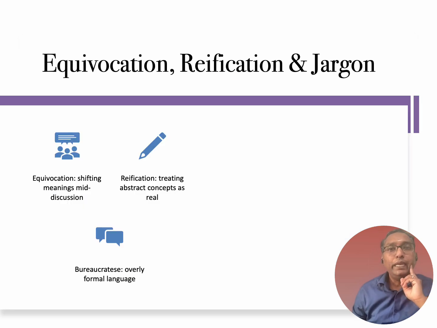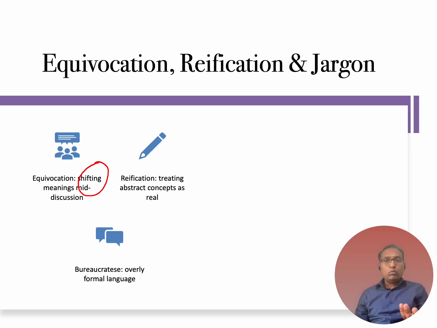Okay, so equivocation is shifting meaning mid-discussion. Now, this is like you start a discussion assuming that we both have a common understanding of what we're talking about, right? This is where the shared communication applies in terms of use of language, right?